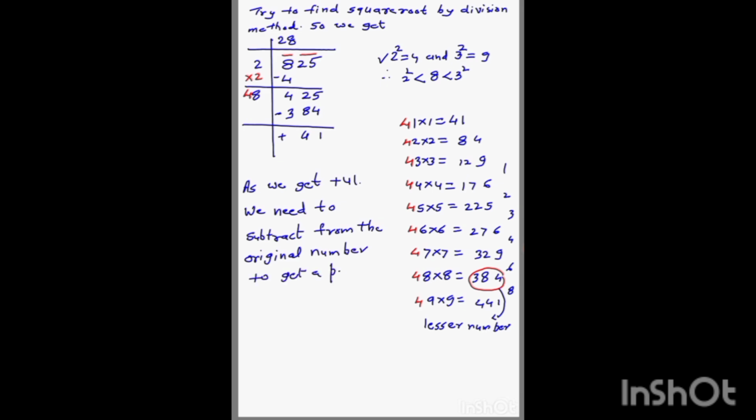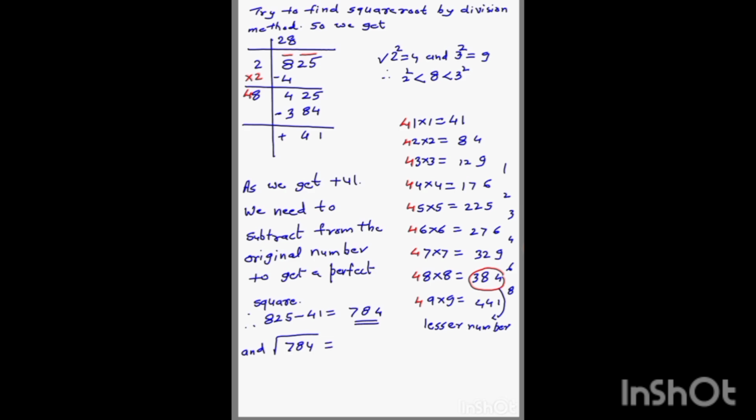So subtract this 41 from the original number 825, and the resultant number will be a perfect square. 825 minus 41 is 784. So you have to find the answer twice, that is, two answers.